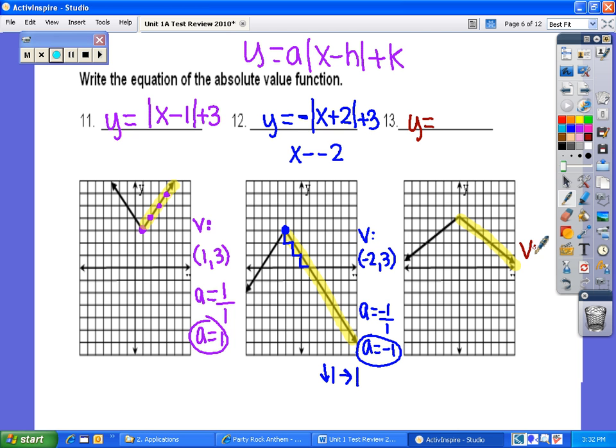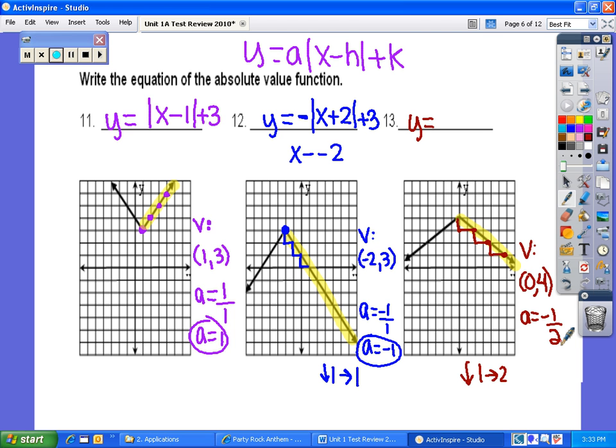Our vertex is at 0, 4. And then the slope counts down 1 over 2, down 1 over 2. So it keeps going down 1 over 2, and because of that, our a value will be -1/2, because the negative will go with the top number.